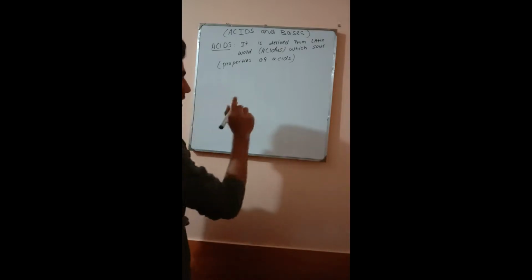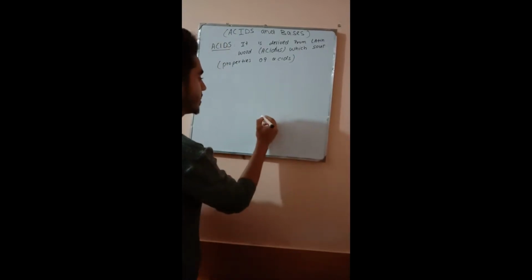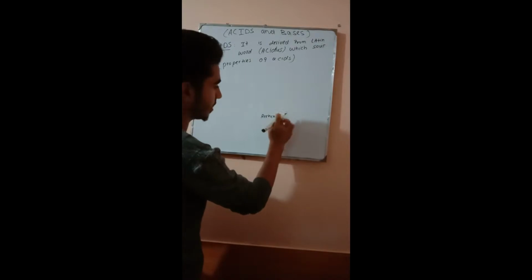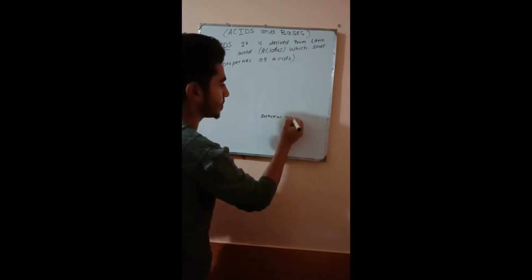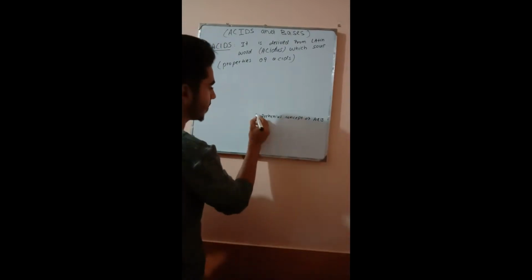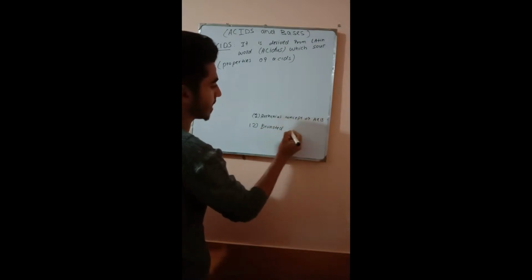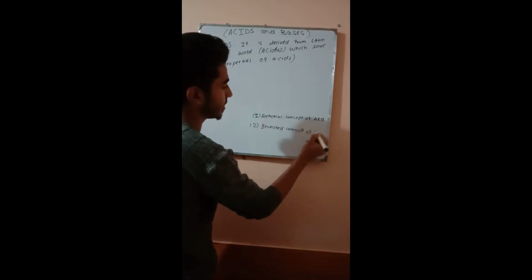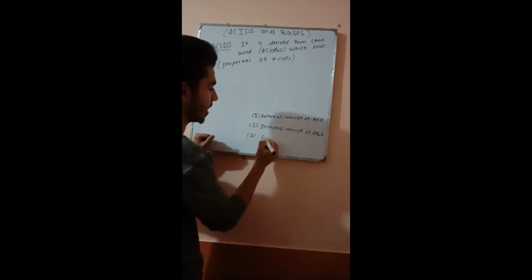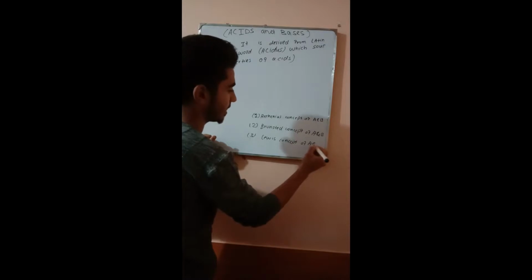The three concepts are, the first one is the Arrhenius concept of acids and bases, the second is the Bronsted concept of acids and bases, and the third one is the Lewis concept of acids and bases.